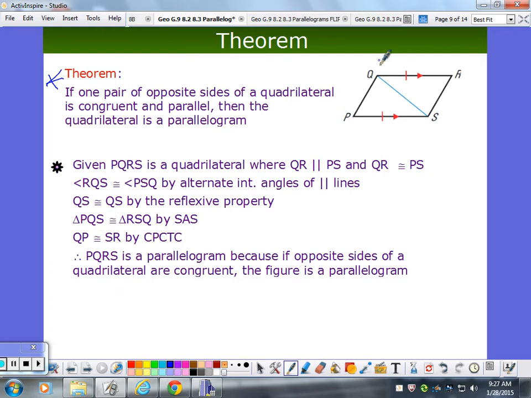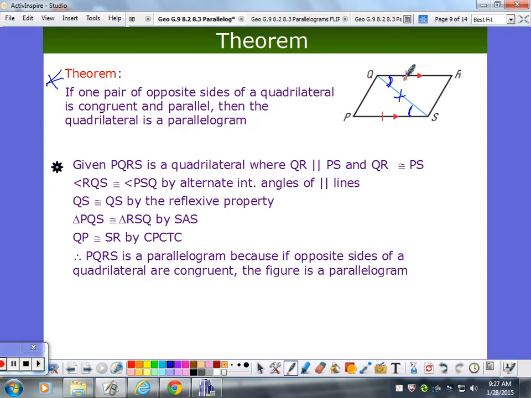So I've got a quadrilateral, and I'm given that they're parallel and congruent. I've drawn this diagonal here, so I know that this angle and this angle are congruent by alternate interior angles of parallel lines. I also know QS is congruent to itself by the reflexive property.